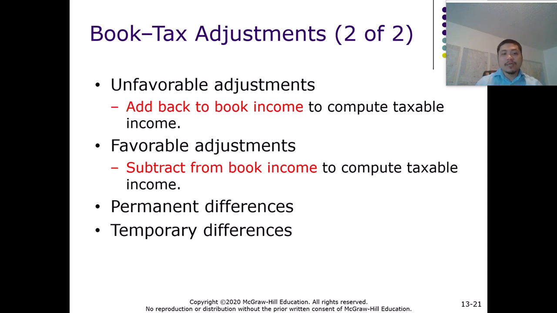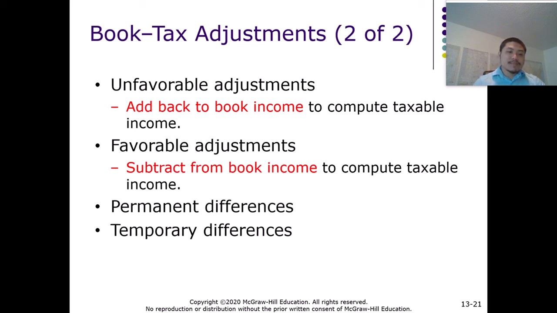Favorable means we can subtract the item from book income to get to taxable income. We call them favorable and unfavorable because a favorable adjustment brings down the taxable income, so we can reduce the tax liability. For an unfavorable adjustment, we have to add back more items into the taxable income, meaning we increase the taxable income and have to pay more tax on it.